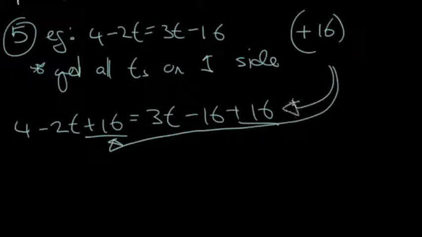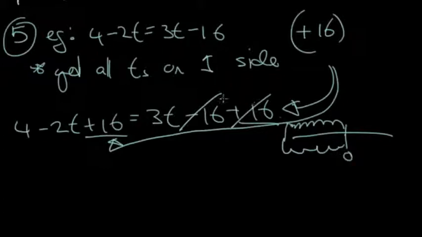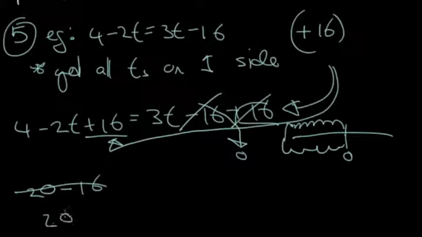What we notice here is we've got negative 16 and plus 16, and along our number line we went up to 16 and then came back, and we just end up at 0. So they cancel and go to 0. And 4 plus 16 gives us 20. So it simplifies to 20 minus 2t equals 3t.